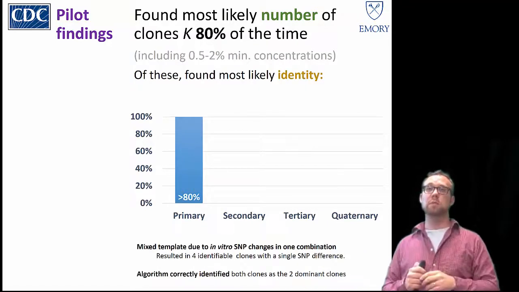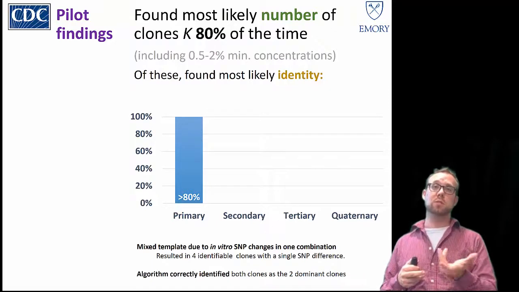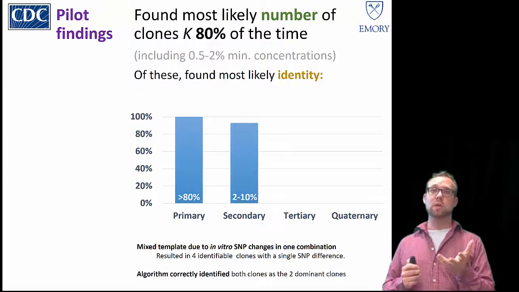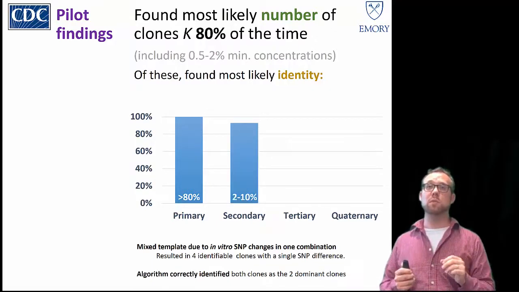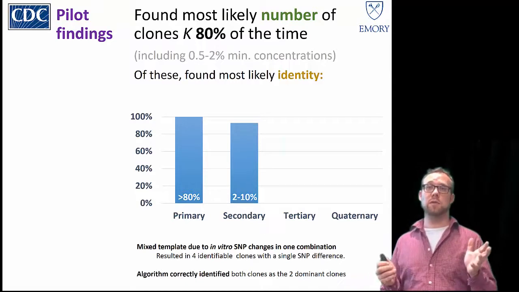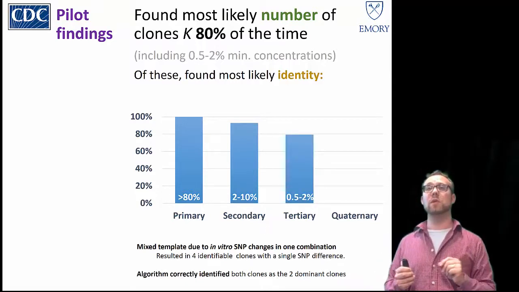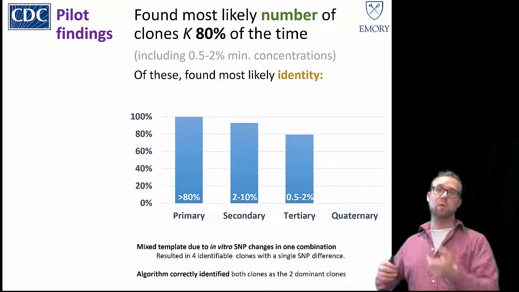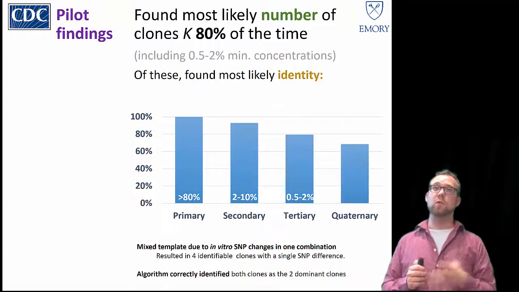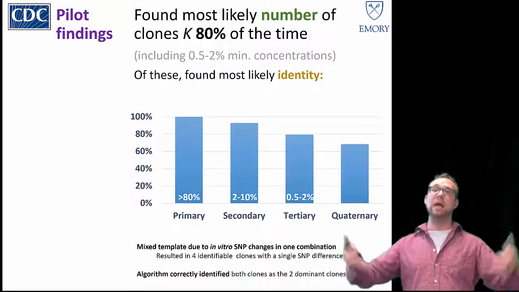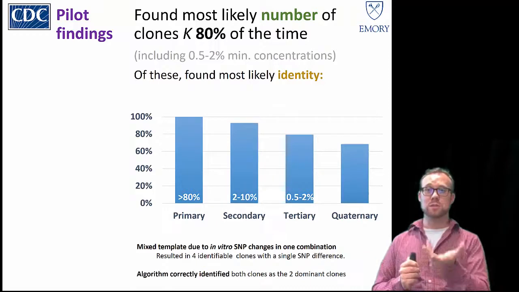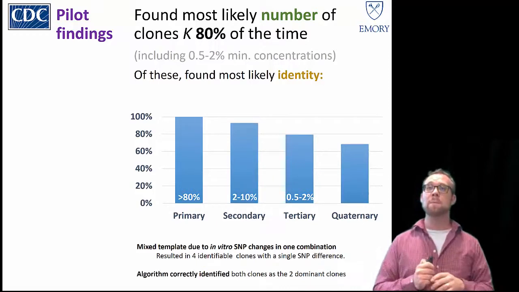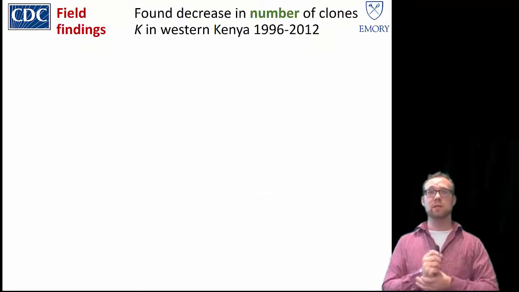These are clones that existed in at least 80% proportion. And we found the secondary one, which existed in 2 to 10% proportions, 85% of the time. And even 80% of the time, we were able to find the tertiary one, the really small ones. And we went further and found the quaternary ones in the cases where we actually had 4 strains, which happened sometimes because of mutation.